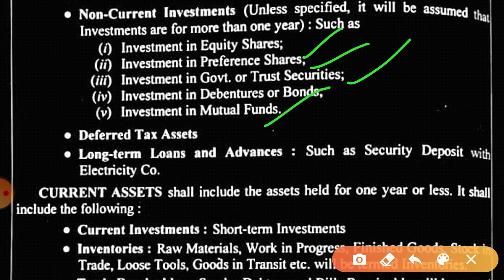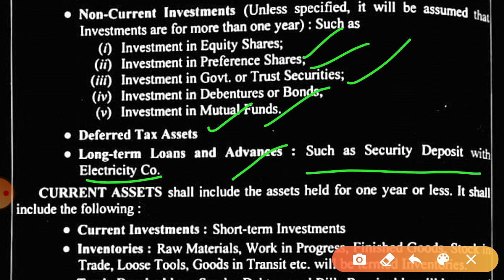So these investments will be under fixed assets. Then deferred tax assets and long term loans and advances. So long term loans and advances which the company has given, such as security deposit with electricity company.